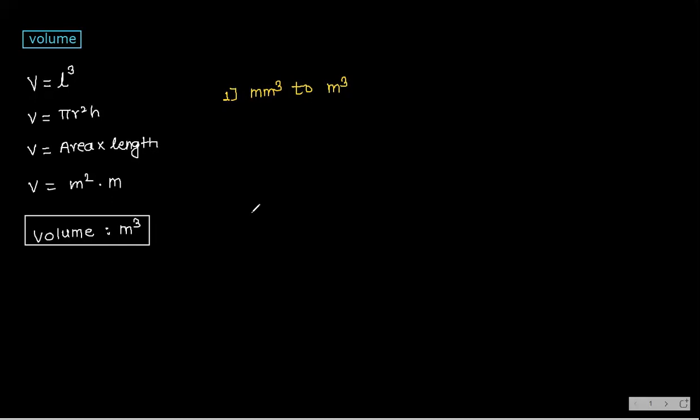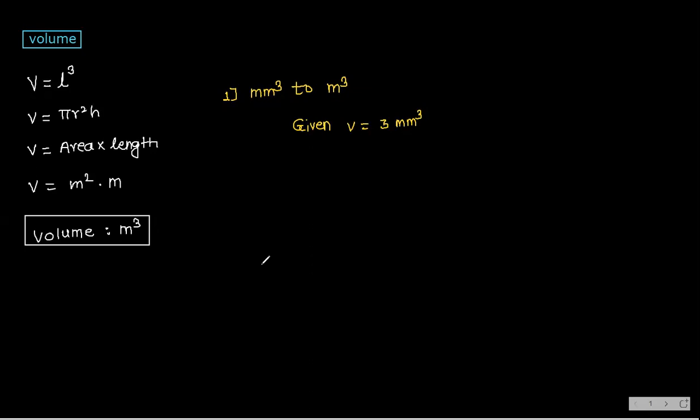So first, suppose the given volume V is like this: 3 millimeter cube. How much is given? 3 millimeter cube.